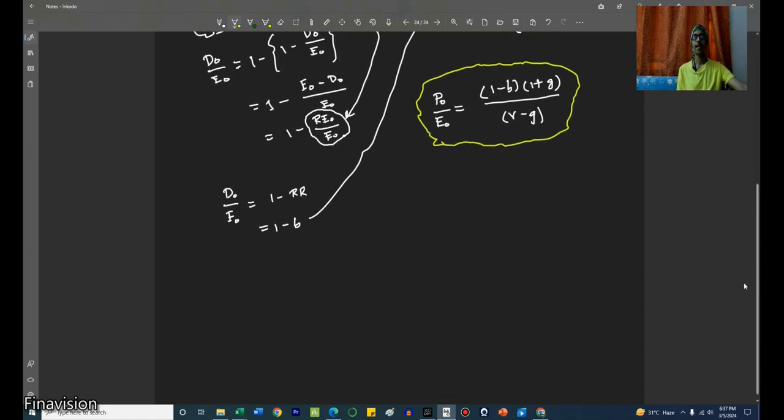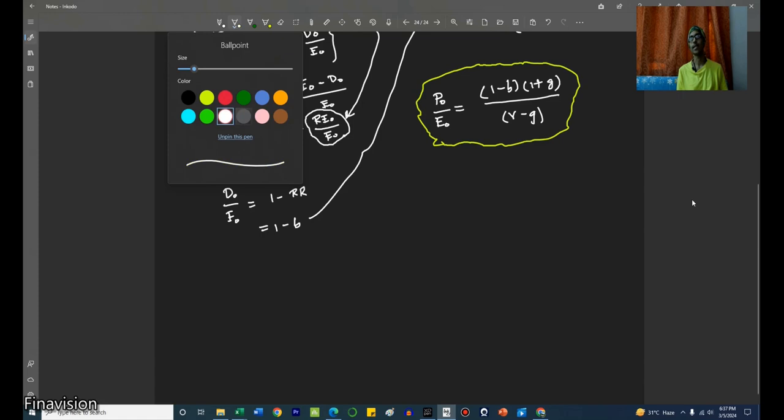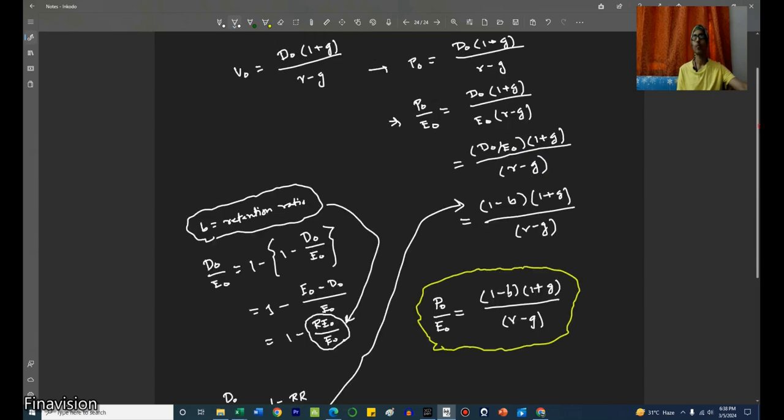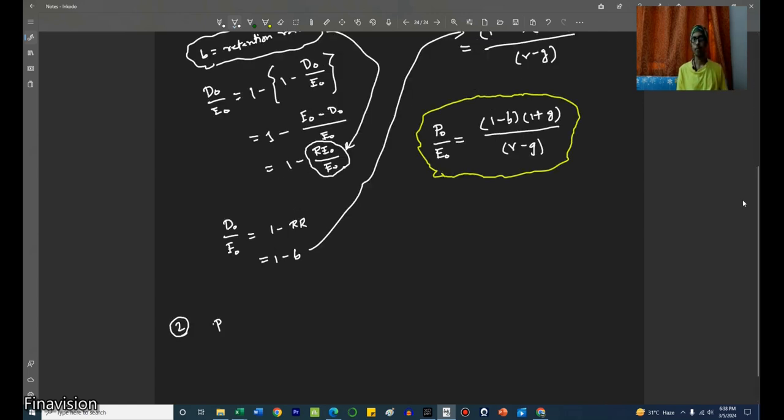Now let us say we try to derive another way of expressing the same thing, just a little change. Again we write P0. This is the second way of expression. Number 1 will be this, and number 2 will be this. P0 is equal to D1 by R minus G, because we already know that D1 is equal to D0 into 1 plus G, right?